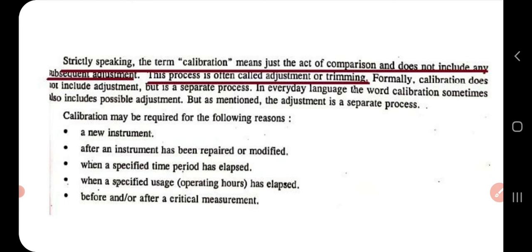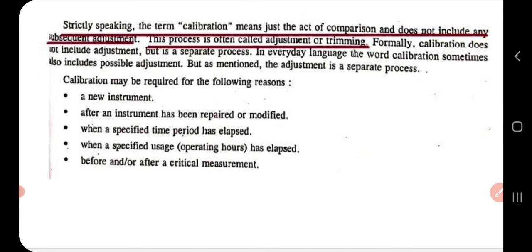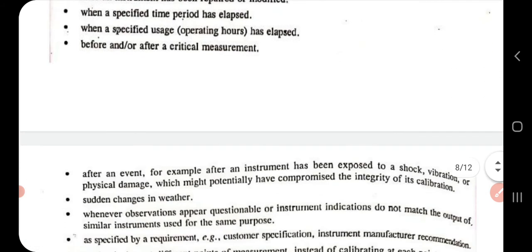Calibration is required in the following situations. When you are using a new instrument, it has to be calibrated. After an instrument has been repaired or modified, it has to be calibrated. When a specific time period has elapsed, or when a specified usage or operating hours has elapsed, you need calibration. Before and after a critical measurement you need to calibrate the device.